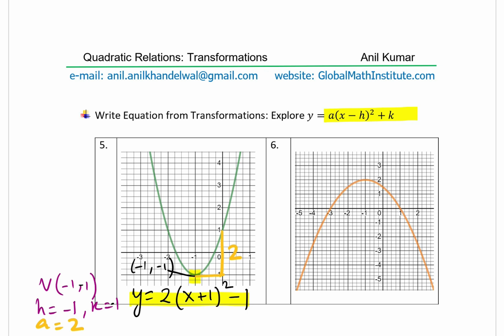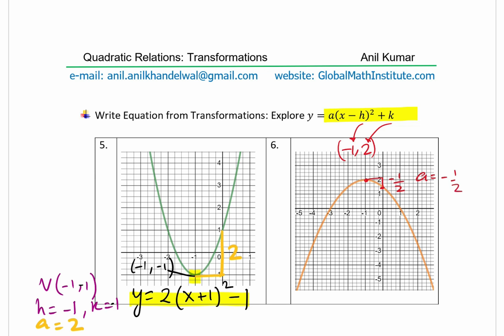Let's do it once again for the last graph before the test or the quiz. The vertex here is from 0 you go to minus 1 and you go up to 2. So that is your vertex, right? So you get the value of h and the value of k right there. And now you have to look into the step. If you move this step 1, it is only half, but going down, so a equals minus half.